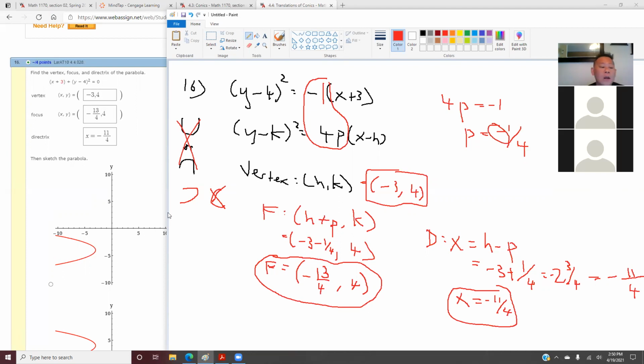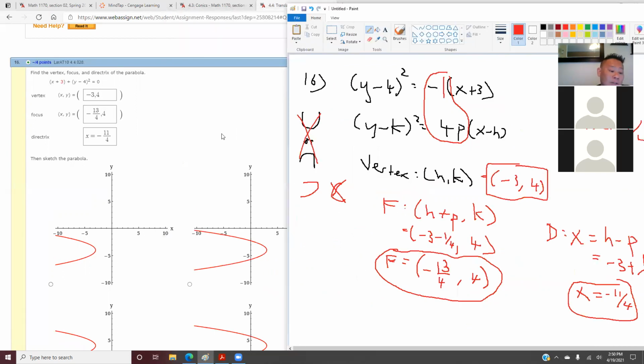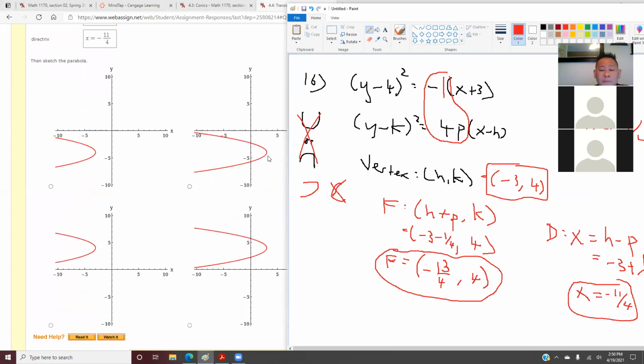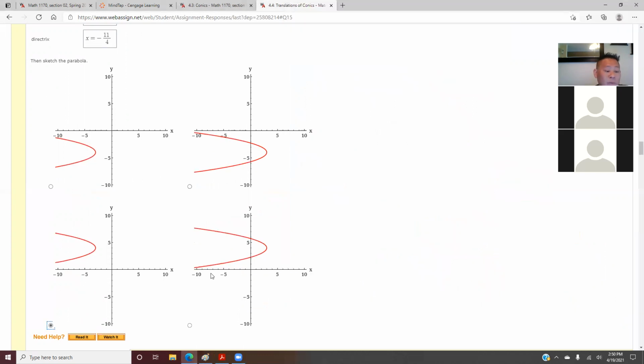Then you figure out your vertex is (-3, 4). So what quadrant is it in? What graph do you think you have? Where's negative? So -3, 4, right? So this is what your graph looks like. That looks like this one.